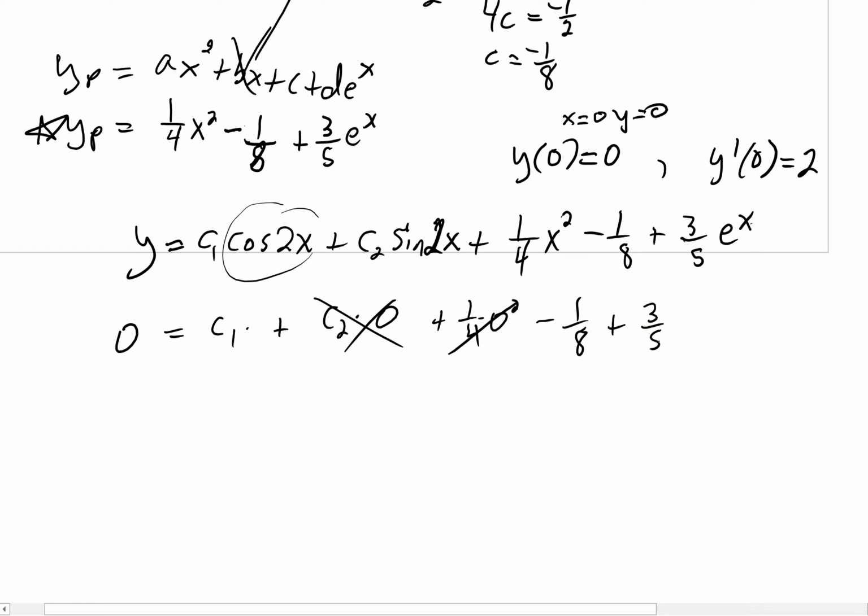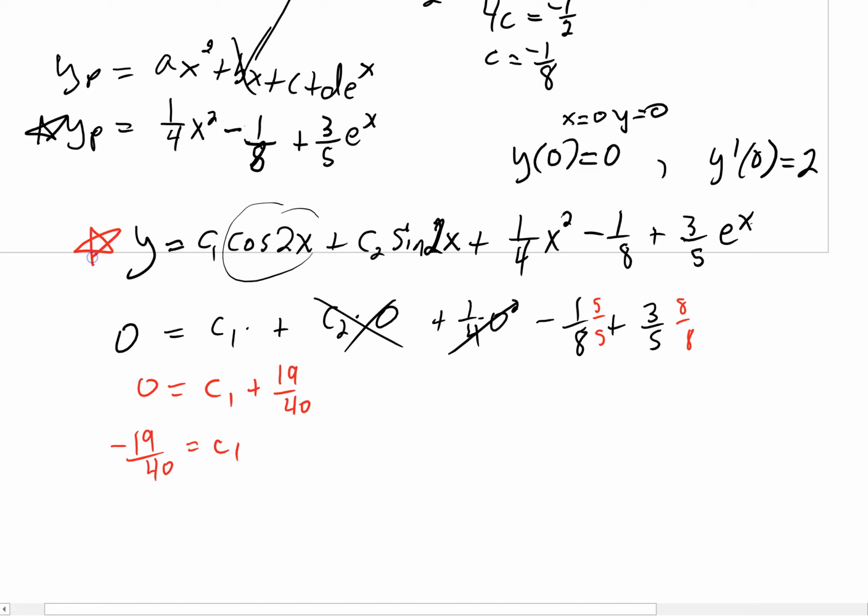So my goodness, we are so amazingly close to finding C1. Look, if we got a common denominator real quickly here, we could multiply by 5 over 5. Here we could multiply by 8 over 8. And we really have 24 minus 5. So that's going to be a 19 over 40. And that means C1 is actually negative 19 over 40.